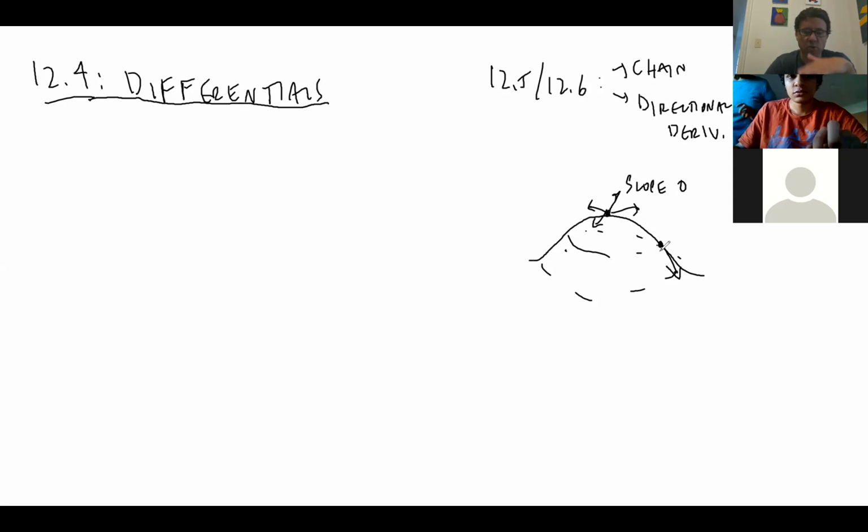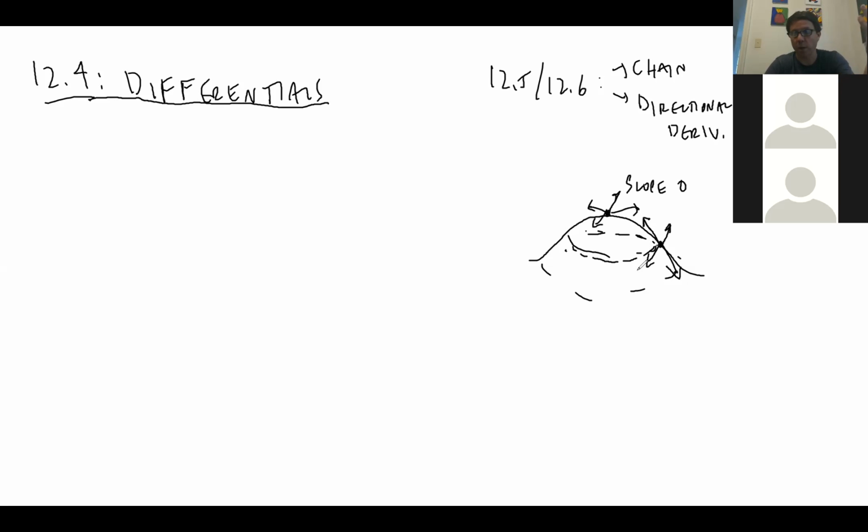So, if you just turn your compass east, you may be heading down the mountain. If you turn your compass west, it might be the exact opposite. You're going up the mountain. So you have a slope to the east and you have a slope to the west. But if you look north-south, you're actually going to be traversing a path around the mountain. So the graph looks flat. You're not going up, you're not going down.